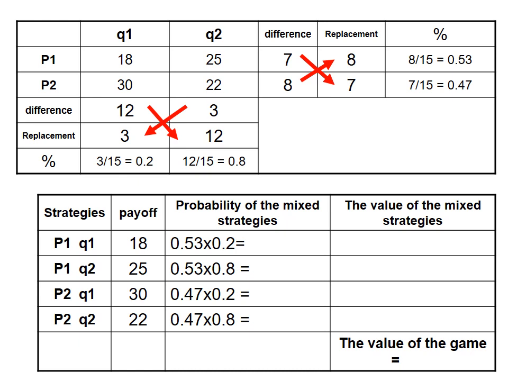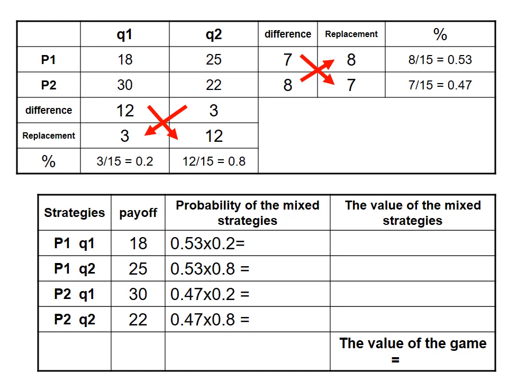Now we will begin to see what is the difference between the strategies in the first row, 18 and 25. This means that the first player takes the strategy B1 and the second takes Q1 or Q2.